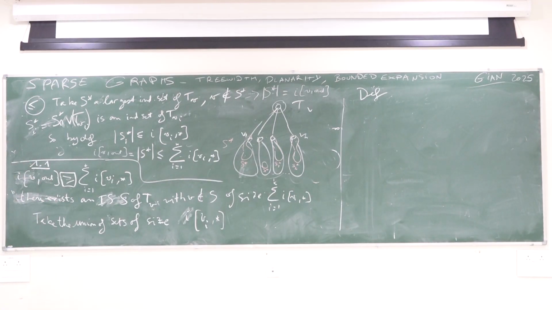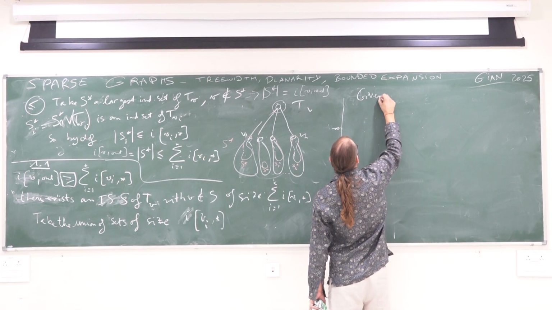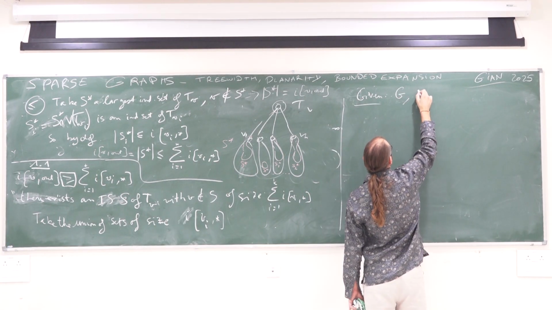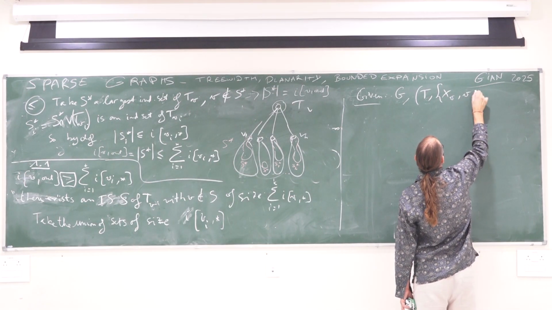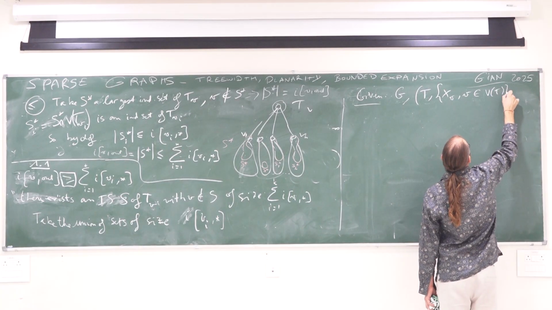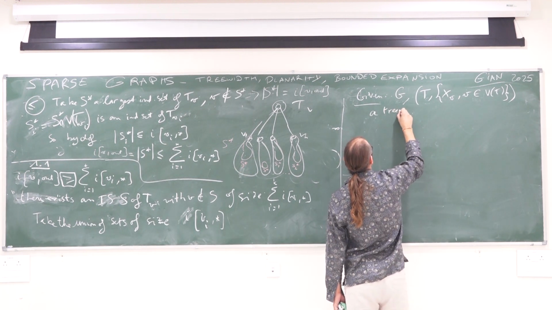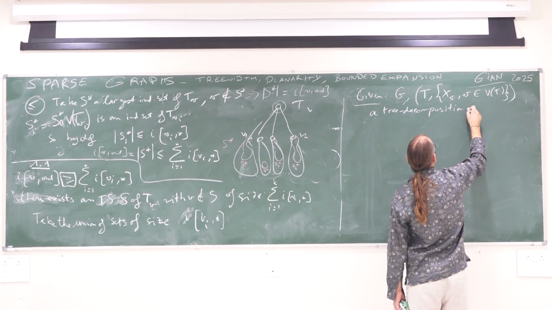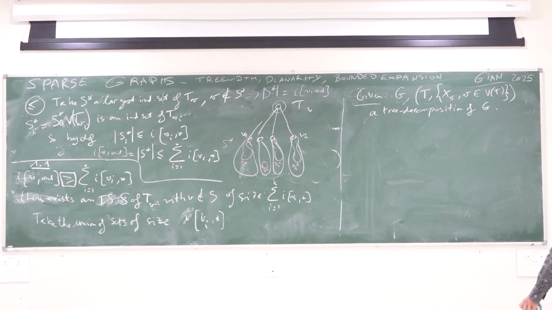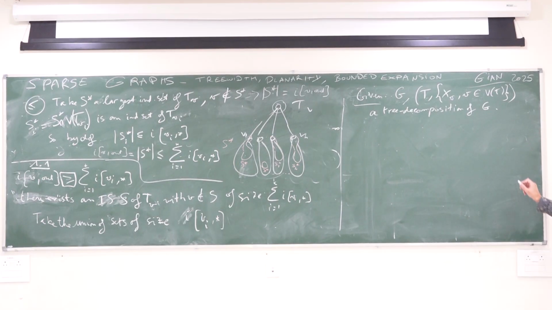So now, remember the setting. I'm given a graph G and T, a tree decomposition of G. So same idea, I'm looking at the tree, I'm rooting it.